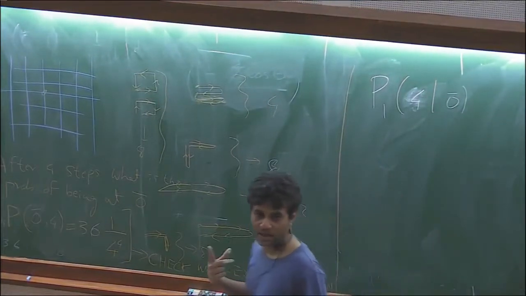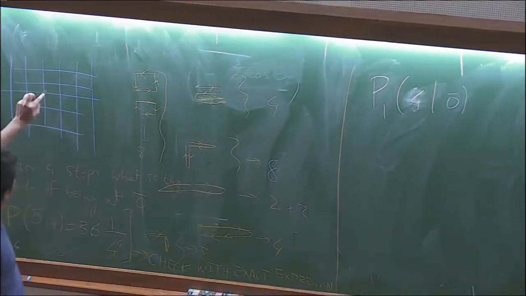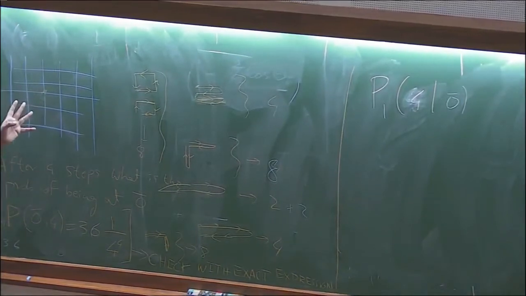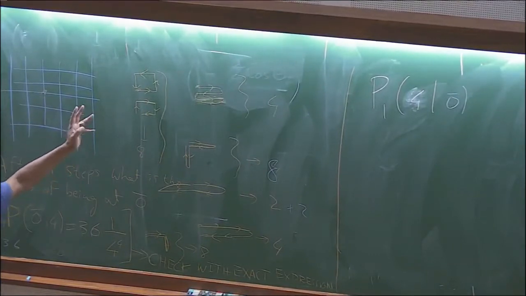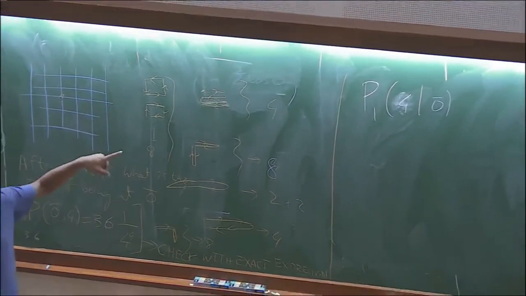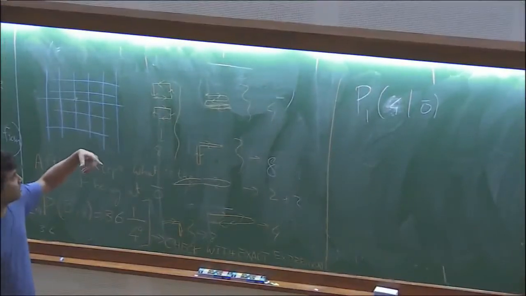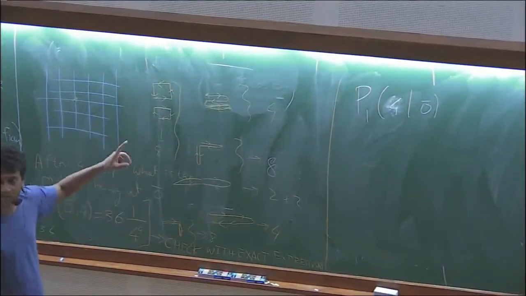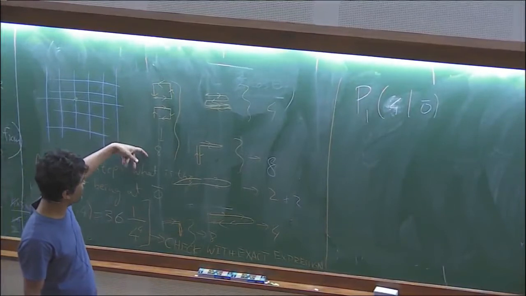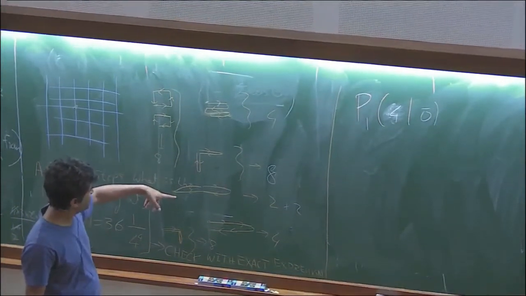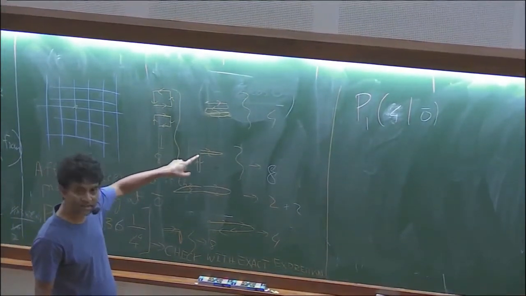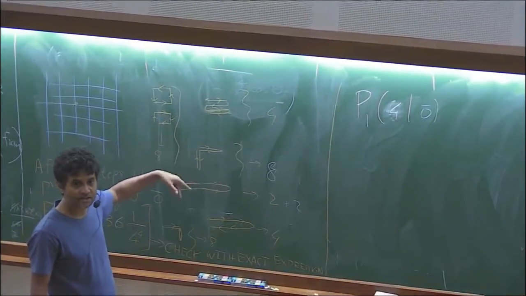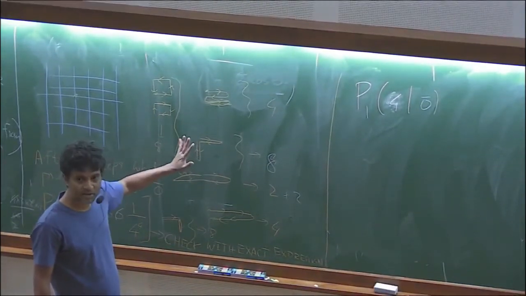What is the probability I return to the origin for the first time in 4 steps? So then what should I do? I should take only those paths which came back to the origin for the first time in 4 steps. So it's only this path, right? And maybe this path. This path came back in the second step, and then again it came back. But this I don't care about.